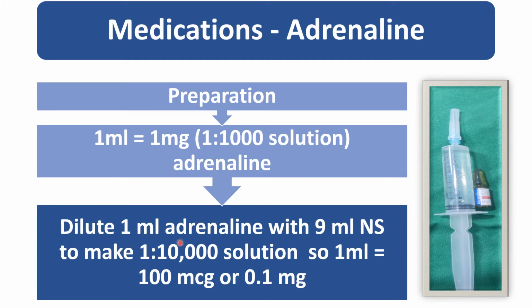When we dilute 1 ml adrenaline with 9 ml normal saline, it is a 1 in 10,000 solution, which contains 100 microgram or 0.1 milligram adrenaline in 1 ml. So we have to prepare this syringe before the birth of the baby. Here in this image you can see the pre-filled syringe and the adrenaline ampule.